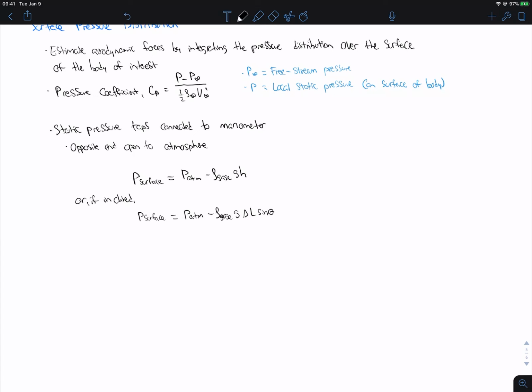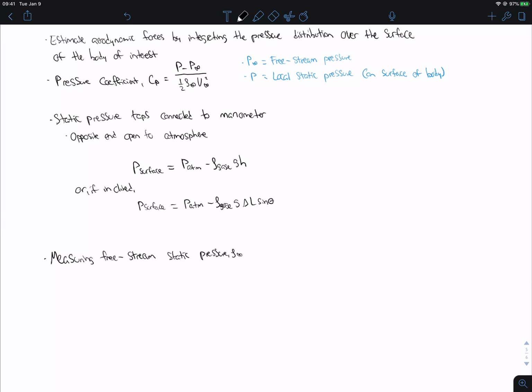Last thing we have is measuring the free stream static pressure. To measure this, we're going to use a pitot tube and a manometer again. Our pitot tube is going to be in our test section, and we're going to have a static port that's connected to a manometer, and the other end of the manometer is going to be open to the atmosphere.